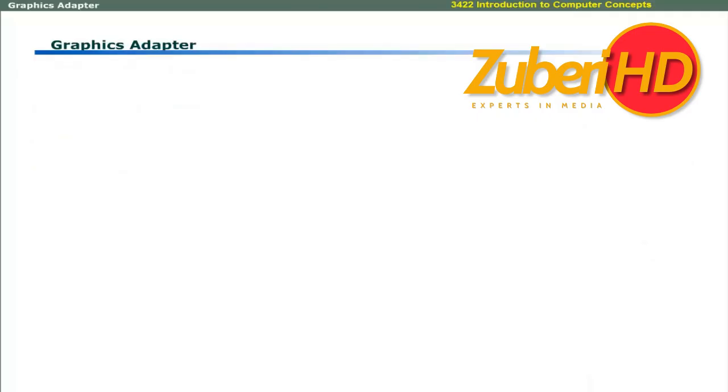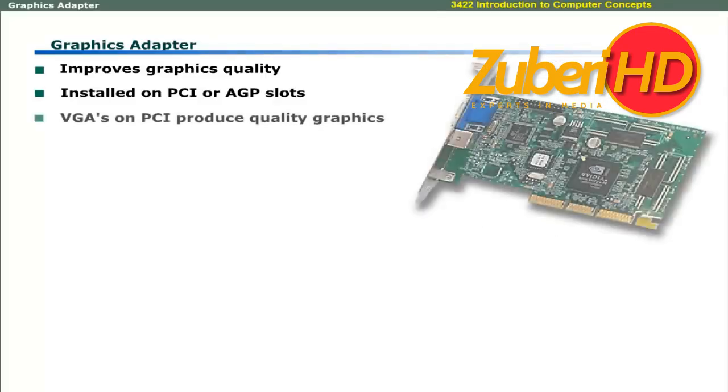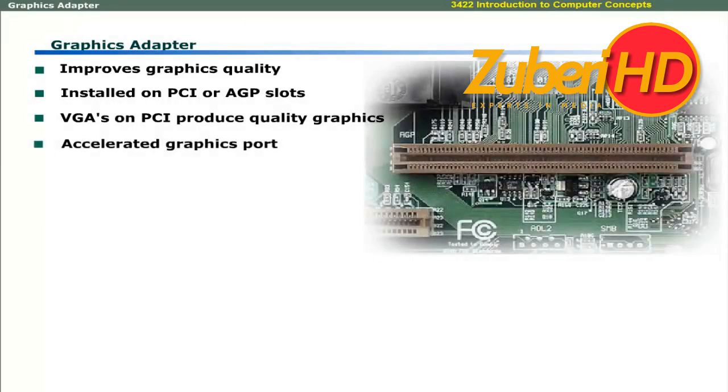Graphic adapters improve motion graphics quality. These are installed on motherboards in PCI or AGP slots. VGA boards used with PCI slots produce better quality, high-resolution graphics. Accelerated graphic port allows video data transfer.